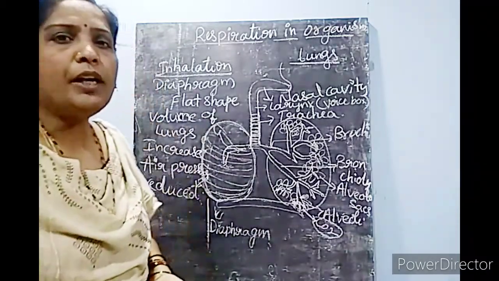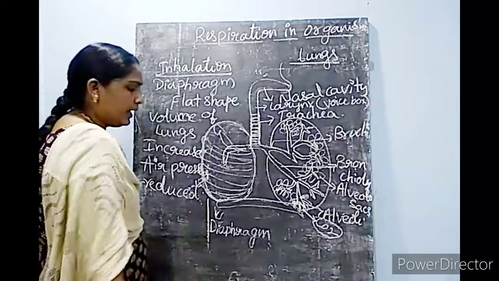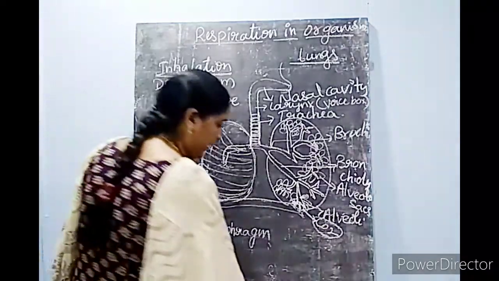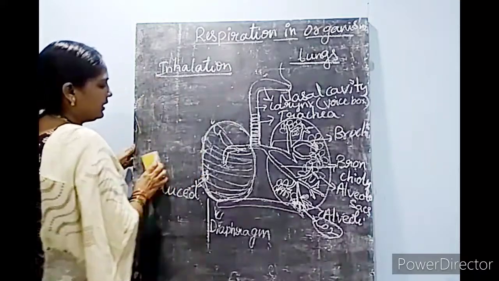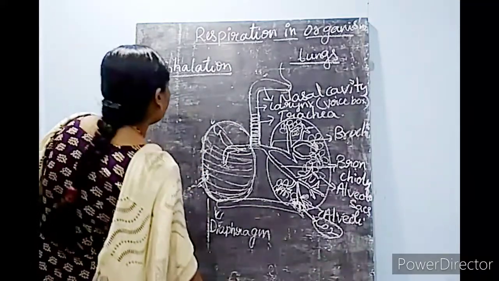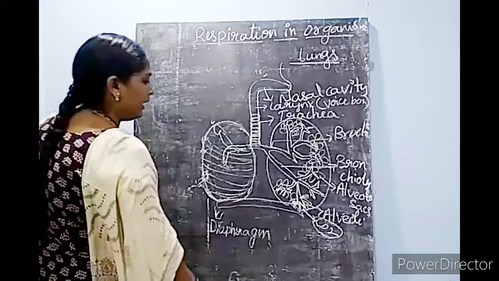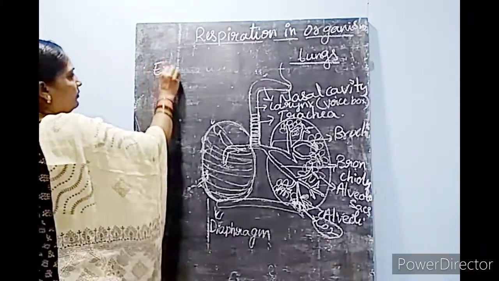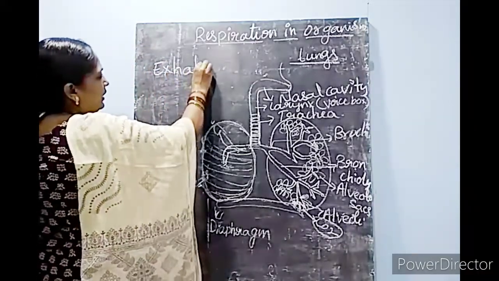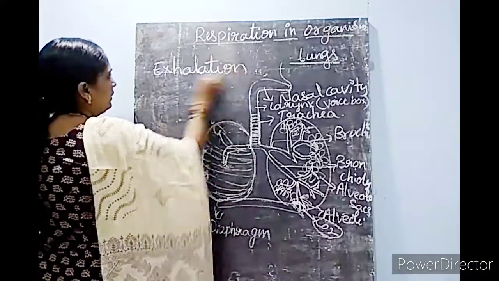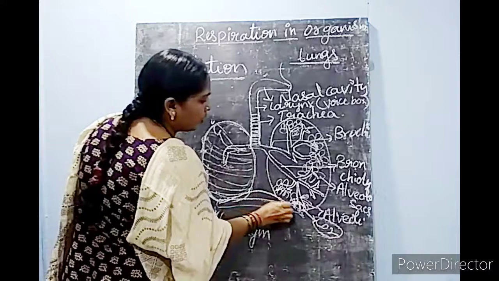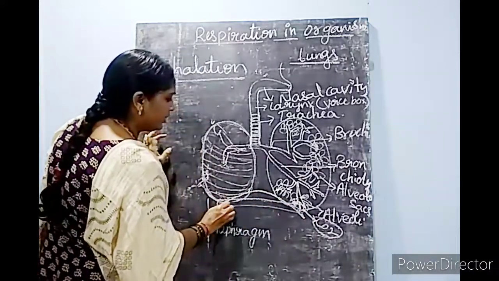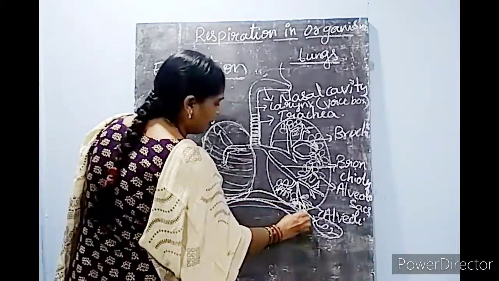And then what happens when we are exhaling air outside? Let's see what changes occur. At the time of exhalation, the diaphragm moves back to its normal position, the dome-shaped position.